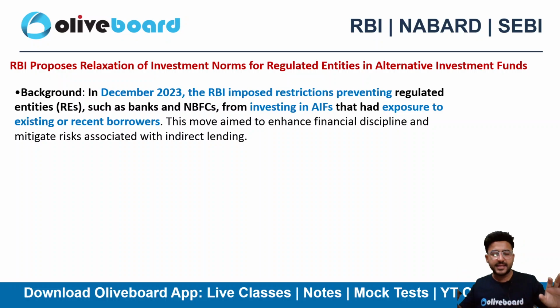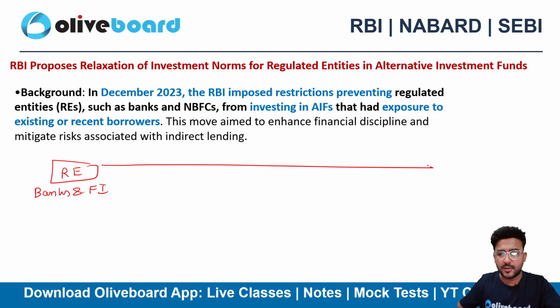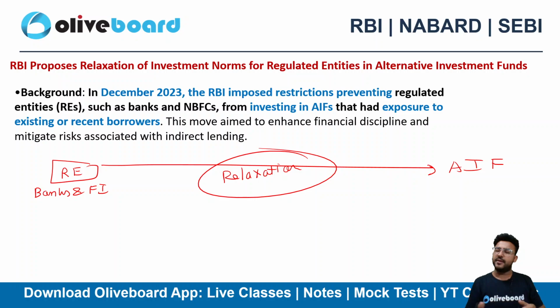Now the headline is: RBI proposes relaxation of investment norms for regulated entities, banks and financial institutions, in alternate investment funds. Sir, why is there a need for any kind of relaxation? Is there any problem in this particular investment?